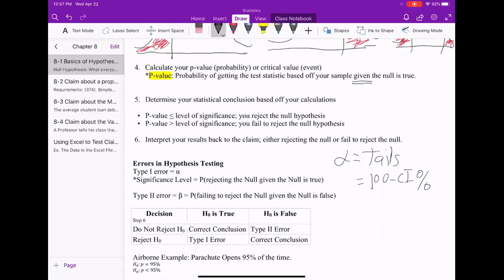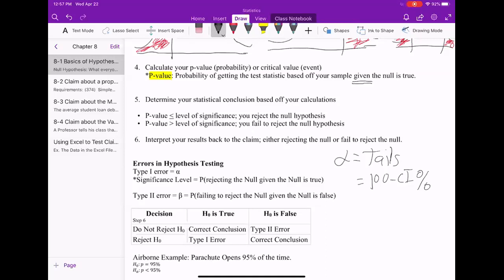So if we have a 90% confidence interval, my alpha is 10. So your significance level is based off how confident you want to be. Typically alpha is a very small percentage, somewhere 10% or less, right? Because we want to be confident. We don't want to say, all right, I'm going to report my results at a 50% confidence. So typically we want to be 90% confident or higher, so alpha is typically 10% or less.